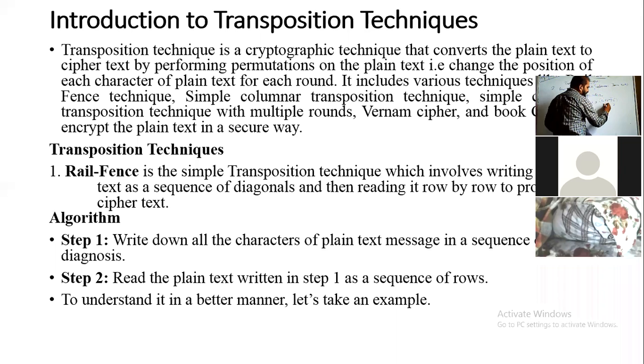Q, R. R is labeled as 4. After that, we have T, that is 5. And in the last, we have Y, that is 6. And this is our key: 146352 is the key.